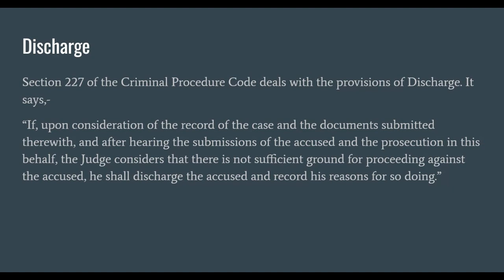As per this section, if upon consideration of the record of the case and the documents submitted therewith, and after hearing the submission of the accused and the prosecution on this behalf, the judge considers that there is not sufficient ground for proceeding against the accused, then the judge shall discharge the accused and record his reason for doing so.